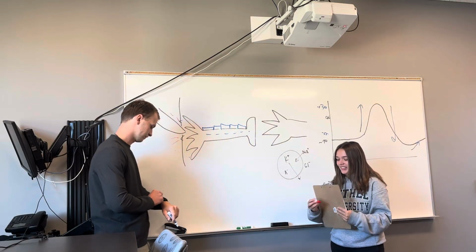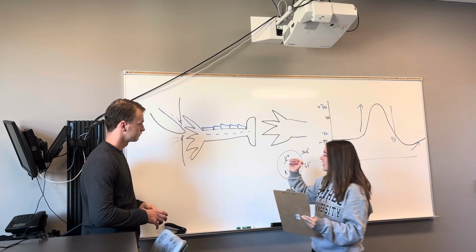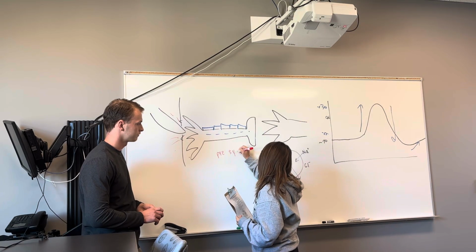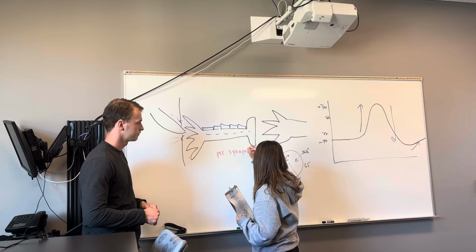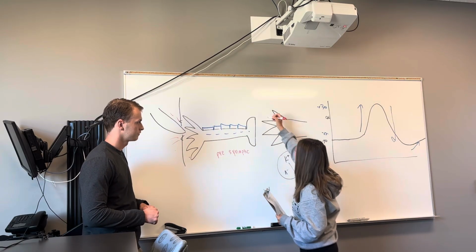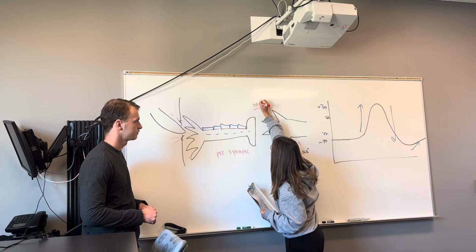And then, so speaking of sending the signal to the next neuron, just to get our bearings, this is the presynaptic neuron, and then this is the post. And then right here is our synaptic cleft.